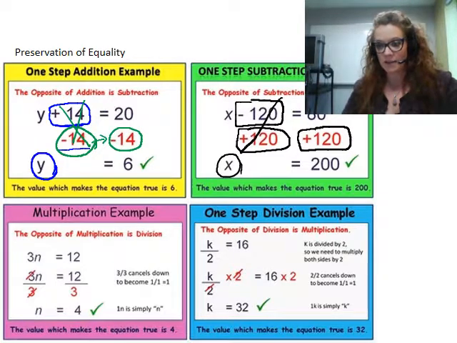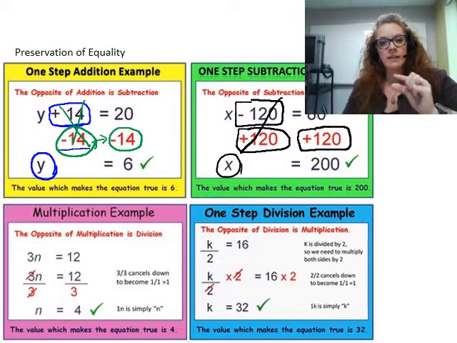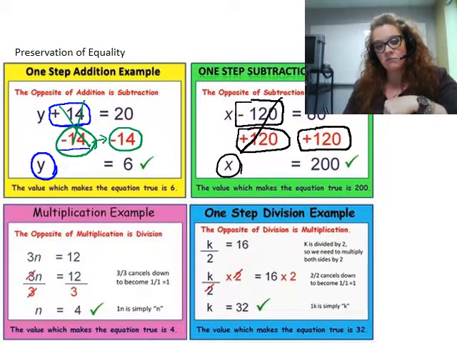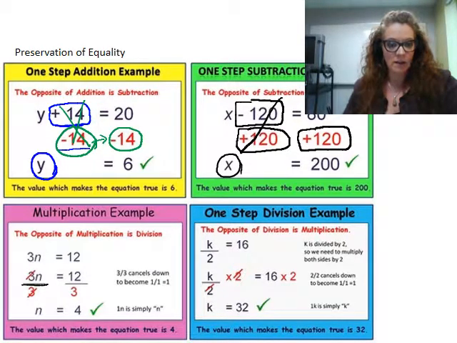In the multiplication example, we have 3n equals 12. So because the 3 and the n are stuck tight together with no sign in between them, that means they're being multiplied. What's the opposite of multiplication? Division. The best way to show division is with a fraction bar, and so they've drawn a fraction bar and put a 3 underneath like that because originally they were thinking, boy, I wish I had a 3 on the bottom of that fraction so that I could cross that off and just have n all by itself.